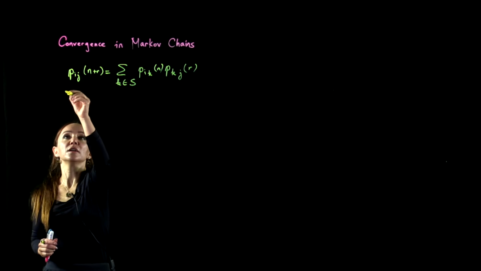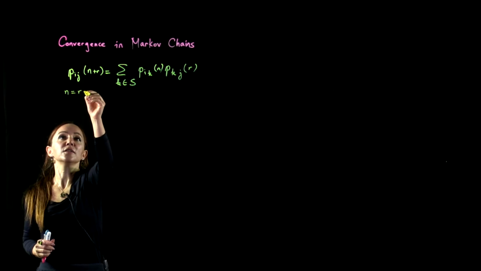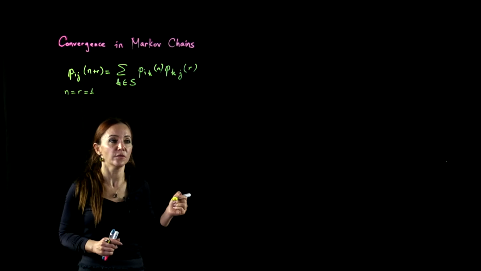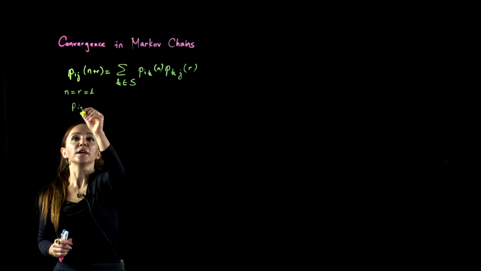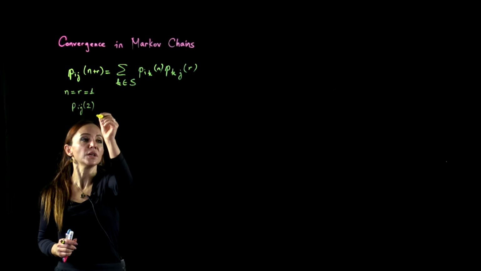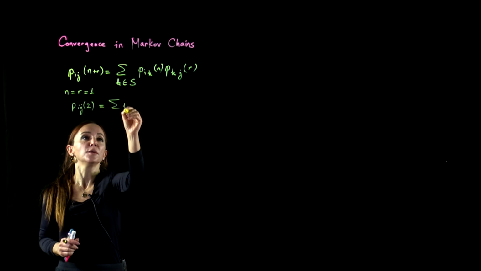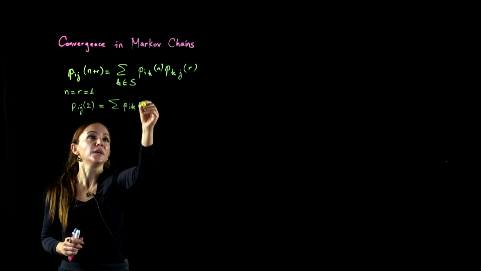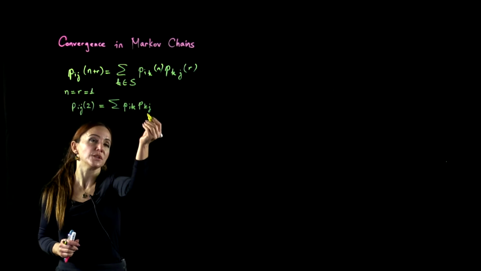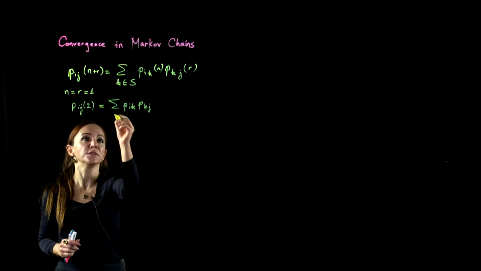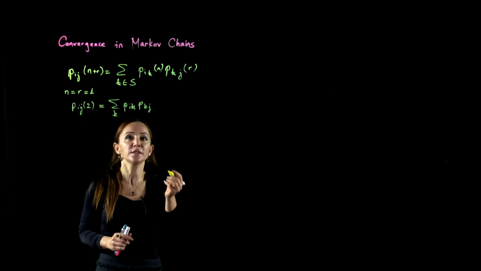Now take n and r as 1, for example. P_ij^(2) is equal to the summation of p_ik p_kj, because these are the one-step transition probabilities. Now, what does this tell us?